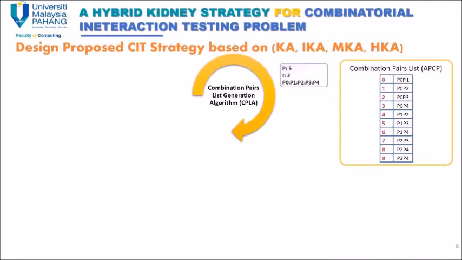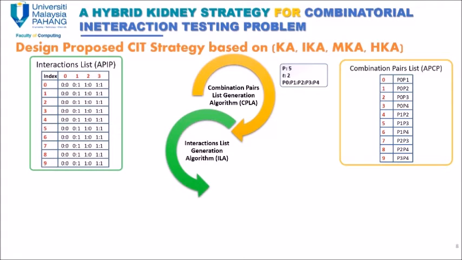The process of combinatorial interaction testless generation starts by introducing the system inputs. For example, here we have 5 inputs, these 5 parameters, P0 to P4, and the combination degree is 2. Based on that we generate the combination pairs, then based on these combinations we generate all the pair interactions for the values between each 2 parameters, for example in this table.